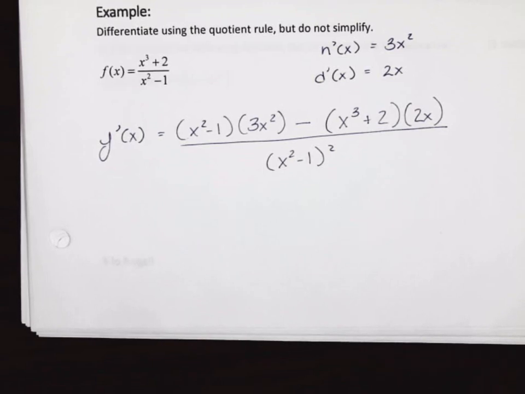You done? Nice. Okay, I'm going to show you what I got. Does it match?